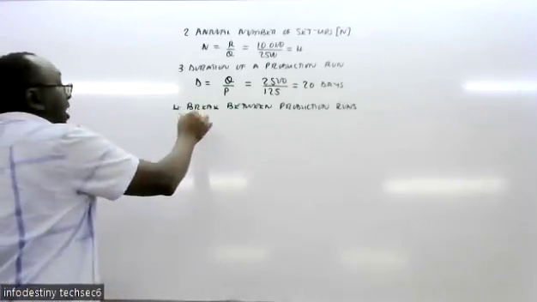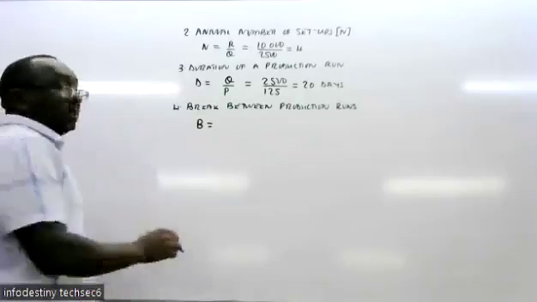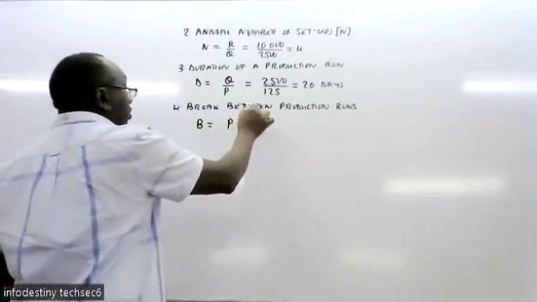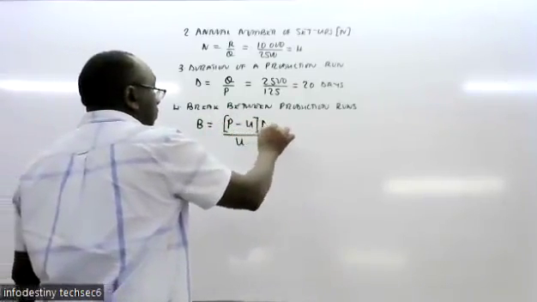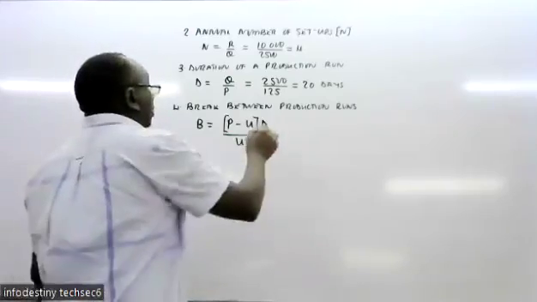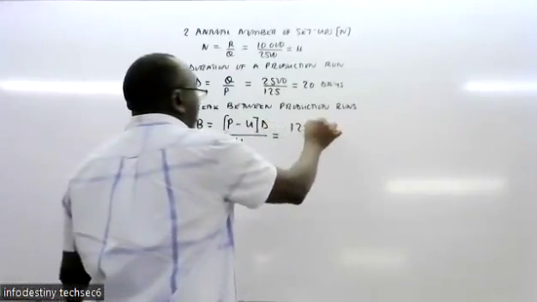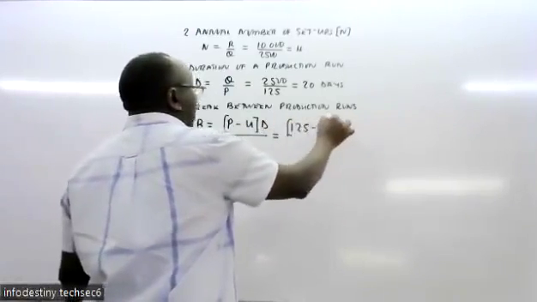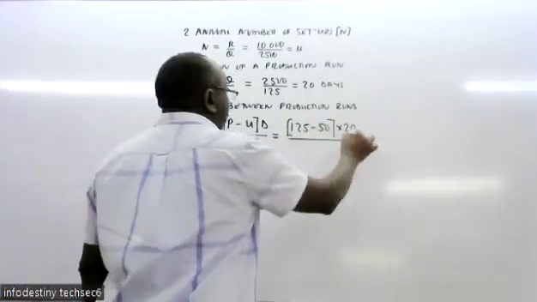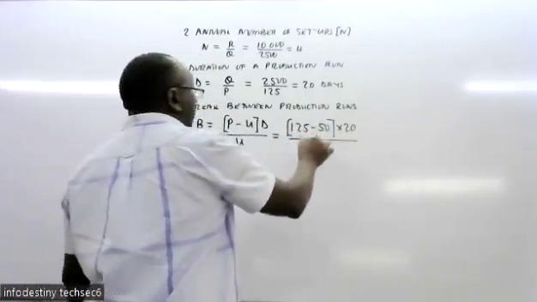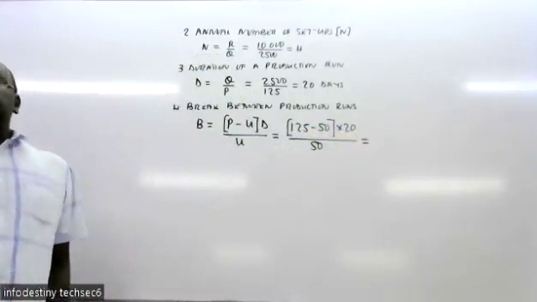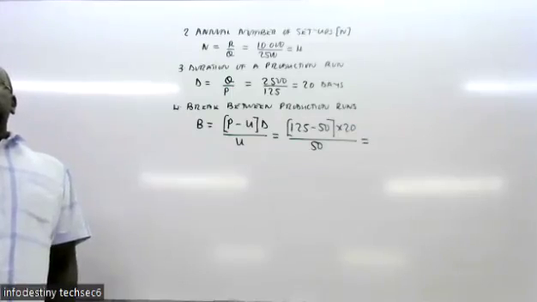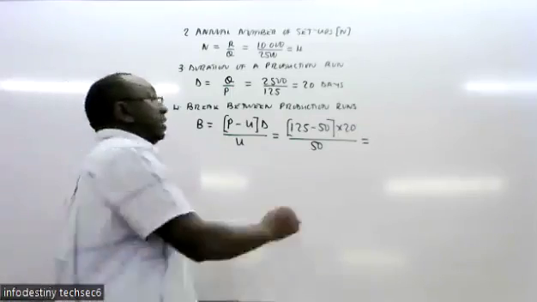So if you are looking for that break, B, it is given as P minus U, you multiply by D, then you divide by U. So this will be 125 minus 50, you multiply by 20, alafu na divide na U. U is 50. So that is 30 days.